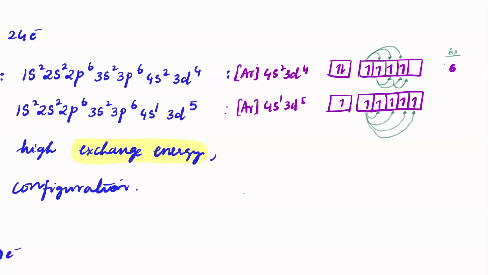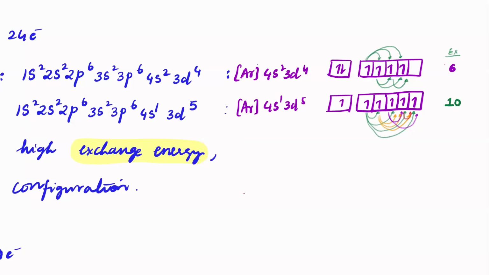And then again, we can have exchange between these two, between these two, and between these two. And we can have exchange between these two, and lastly, we can have exchange between these two also. So if I count all of them, we are getting 10. 10 different exchanges are possible.